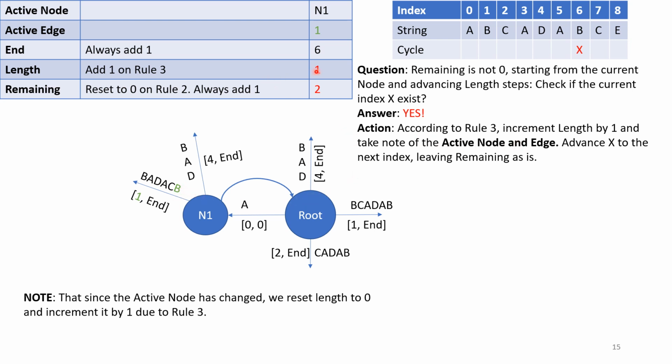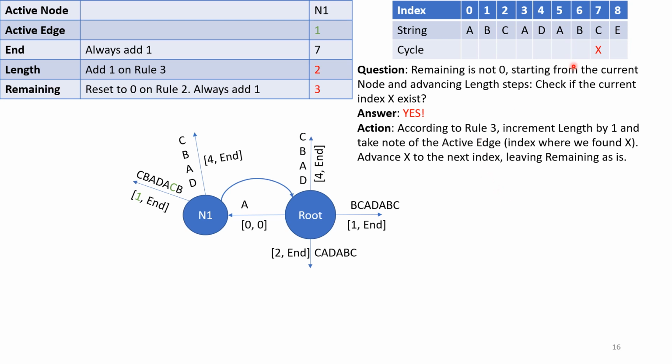We will increase length by 1, so this is going to turn into 2. We take note of the active node, which is now N1, and the active edge is 1, so we'll take note of that. And we will leave remaining as is, so it will increment once more. Let's move on to the next step.